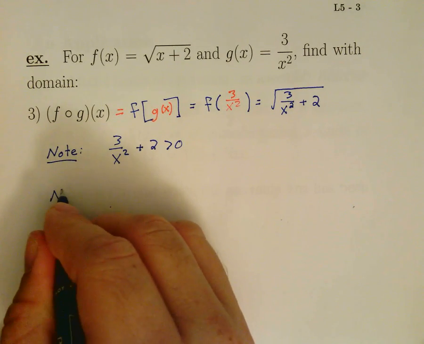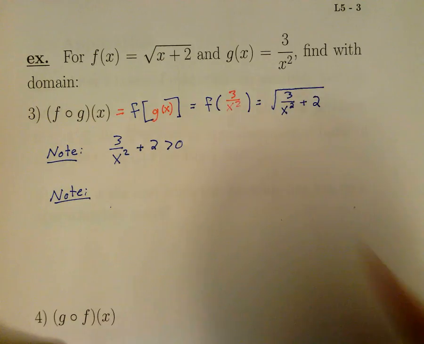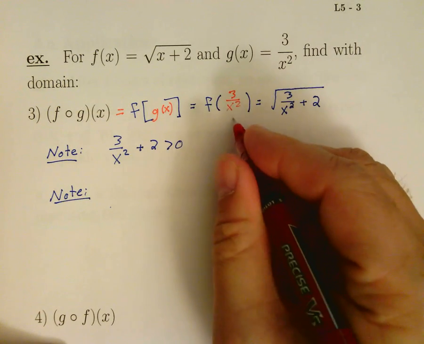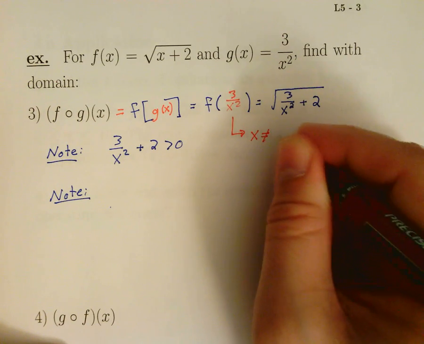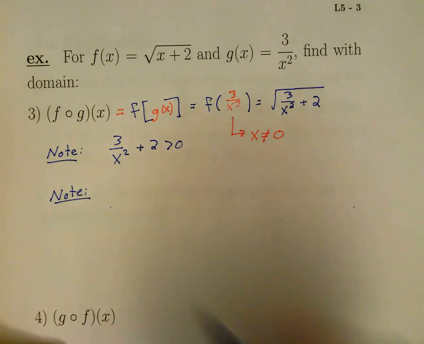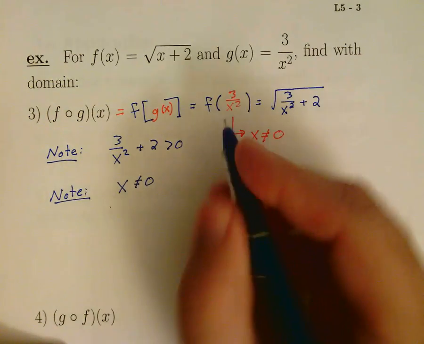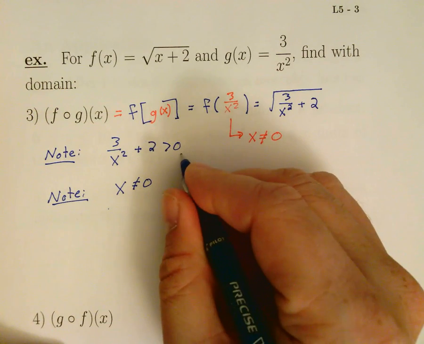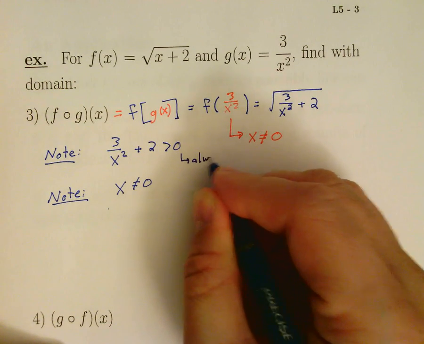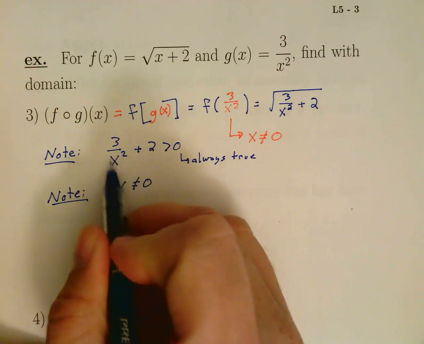But also note here that because of the division by 0, x cannot be equal to 0. So we also have that x can't be equal to 0. By the way, I said it out loud, but let me just write it down. The inside being positive is always true in this particular case because of the x squared and then the plus 2.